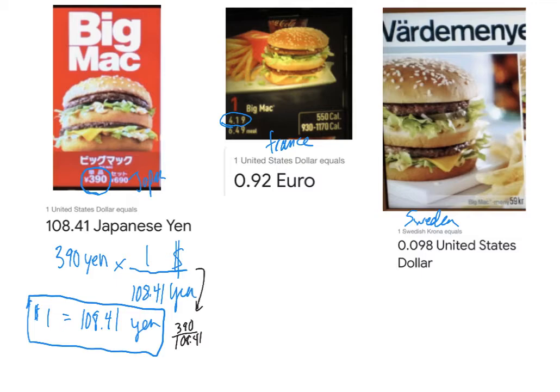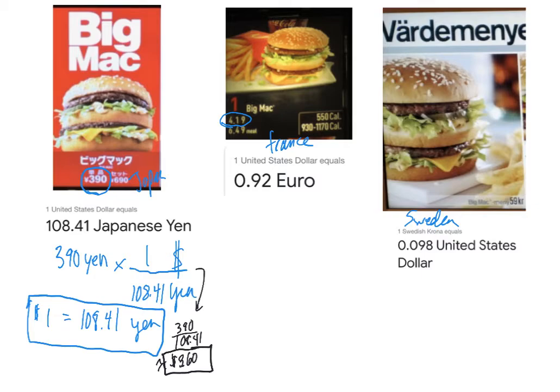When I put 390 divided by 108.41 into my calculator, we get approximately, and we're going to round to the hundredths place because we're talking about dollars, $3.597, but if we round to the nearest hundredth, it's about $3.60 for that Big Mac.